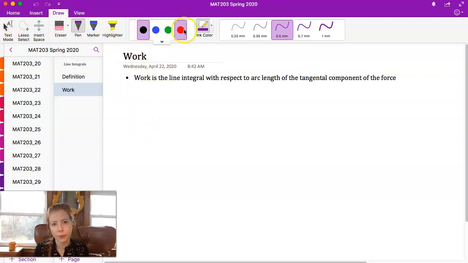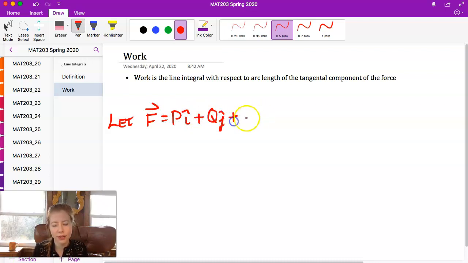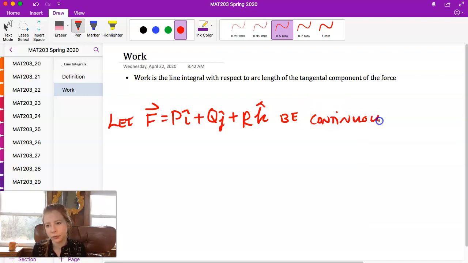So let's just let our field have P i hat component plus Q j hat component plus R k hat component. And this field is going to be continuous on R cubed.